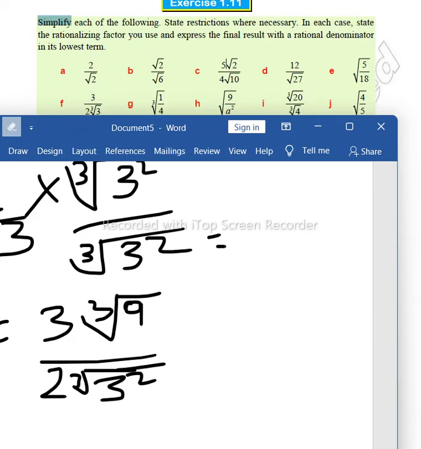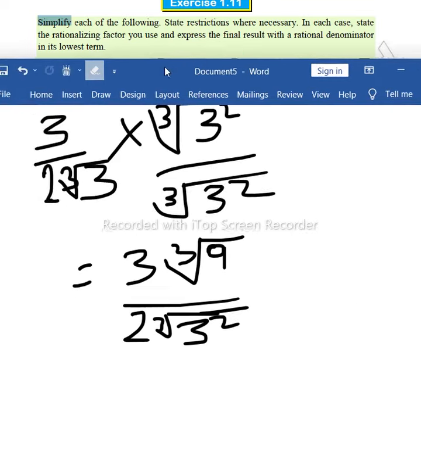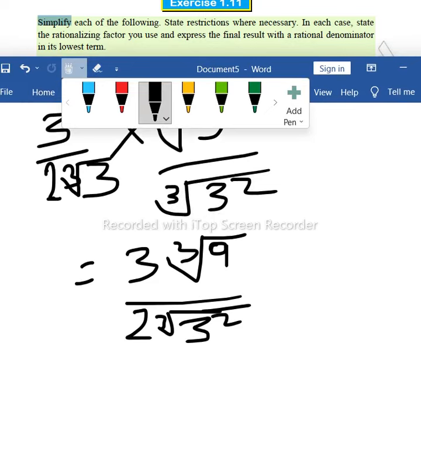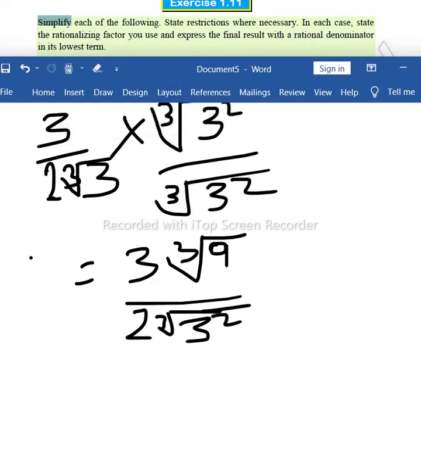If you do not understand, leave your question in the comments of this video. So we have here the given number, 3 over the cube root of 9.